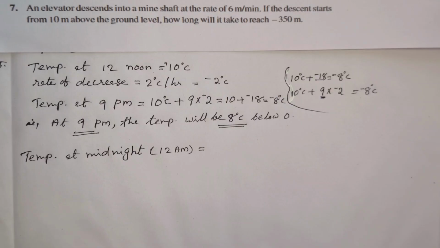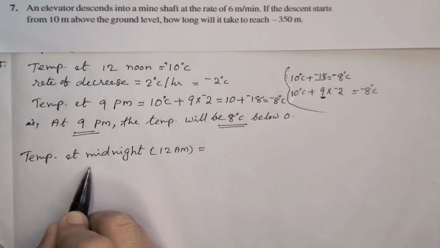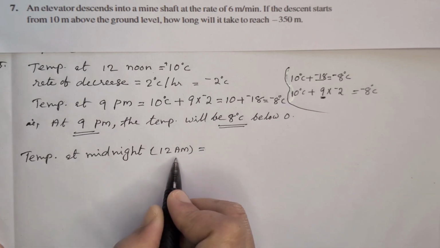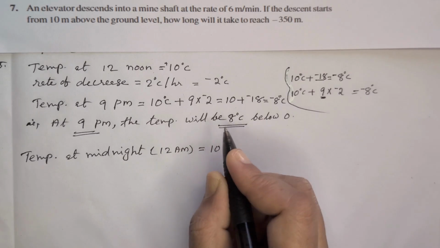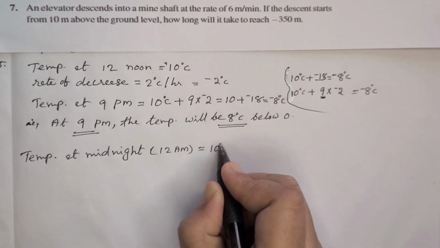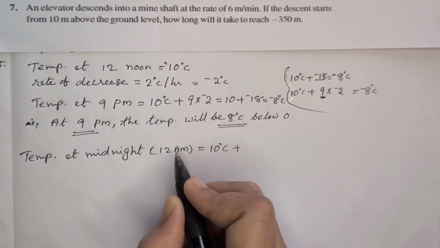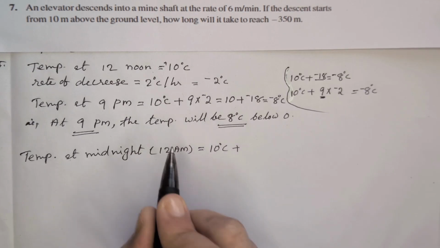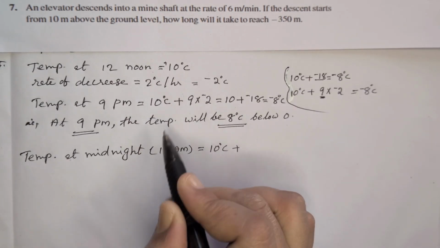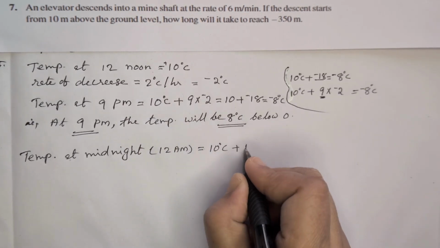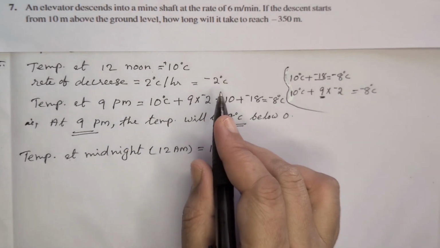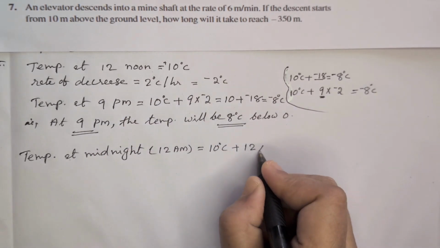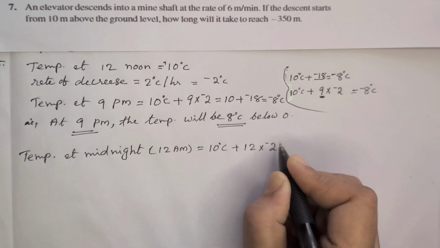That's the question. Now second part, temperature at midnight. Midnight, 12 a.m. At present 12 noon 10 degrees Celsius plus 12 hours more to take to midnight. From 12 noon to midnight 12 hours. And each hour we are reducing the temperature by 2 degrees Celsius. So we can mark that as minus 2 degrees Celsius.